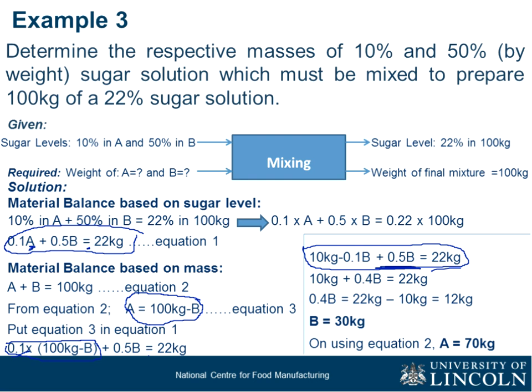This is like saying I have negative 0.1B, I have positive 0.5B. Now, if you take your calculator, 0.5 minus 0.1, or the other way around, minus 0.1 plus 0.5, you will definitely get 0.4B.